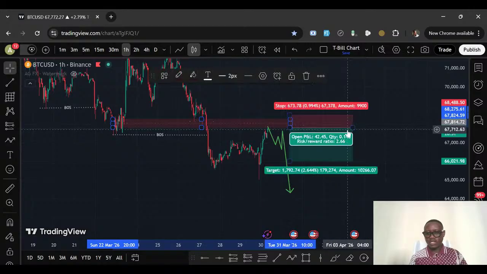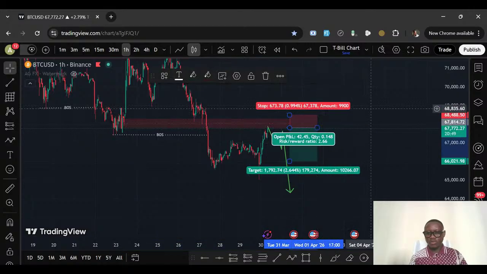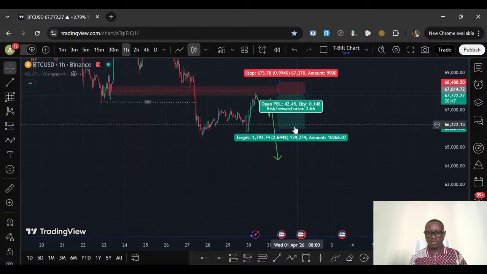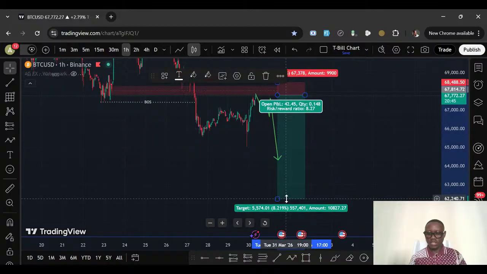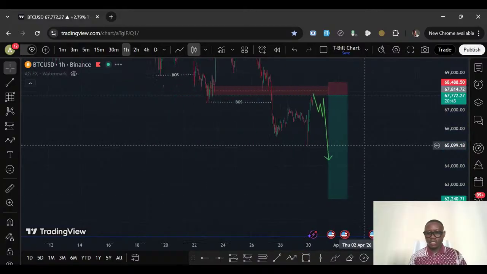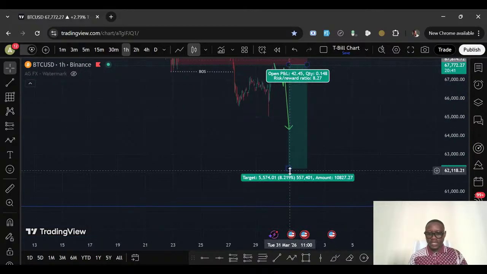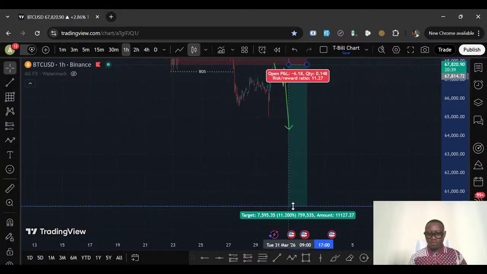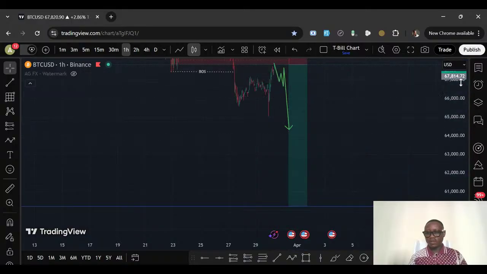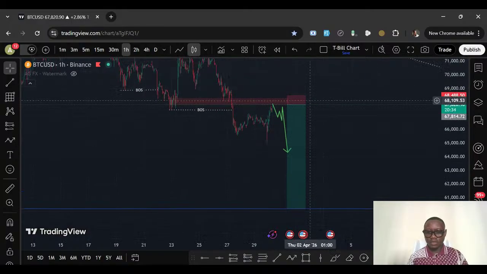As soon as this setup is fully formed, I'll drop it on the free signal channel, and we're targeting this low for our TP.